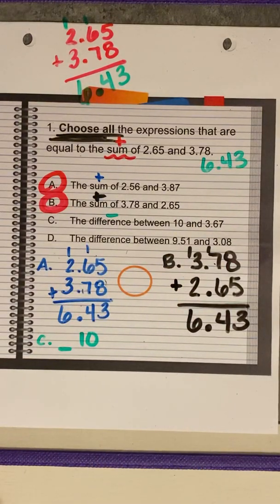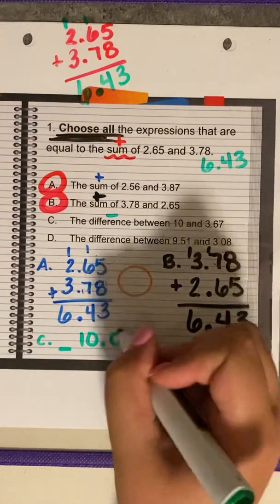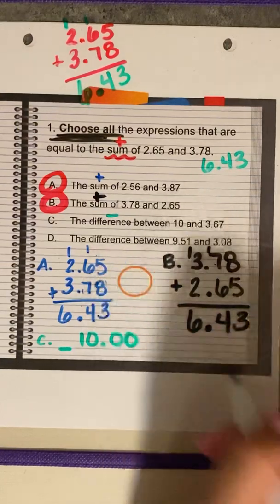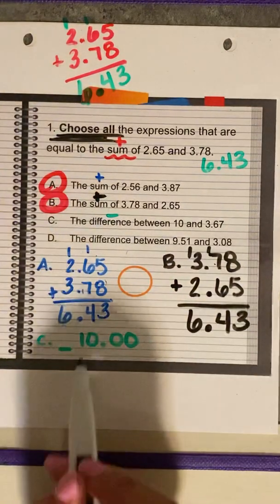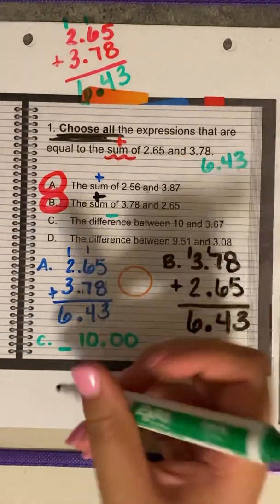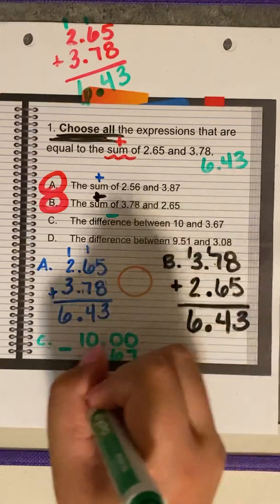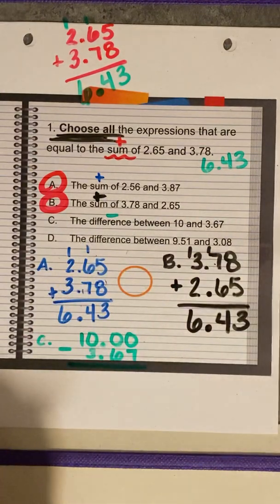Remember, line up your decimals. So 10 is written as 10.0 or 10.00. If you have $10, you have 0 change, okay? So 10 minus 3.67. 3.67 or 3 67/100ths. We're going to use that as our bar.